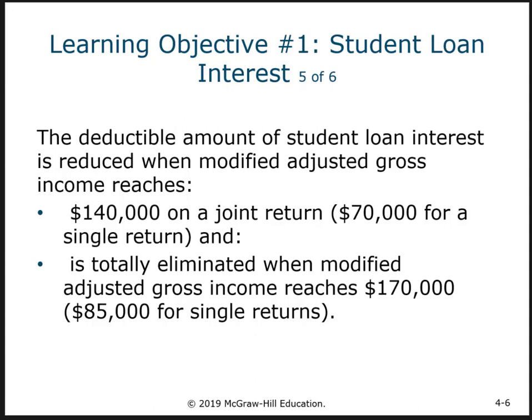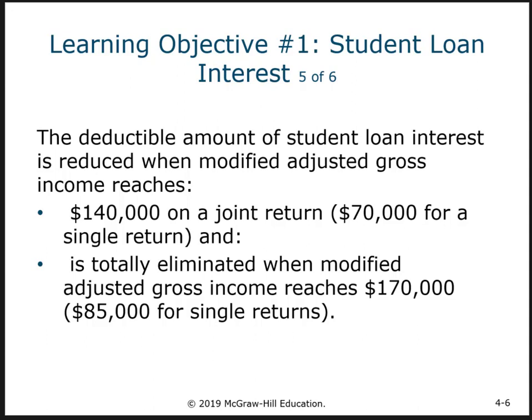On a joint return it's between $140,000 and $170,000, on a single return between $70,000 and $85,000. So you get the full deduction if your income is under $70,000 as a single filer. You get part of it between 70 and 85, and you get none of it if your income is over 85.